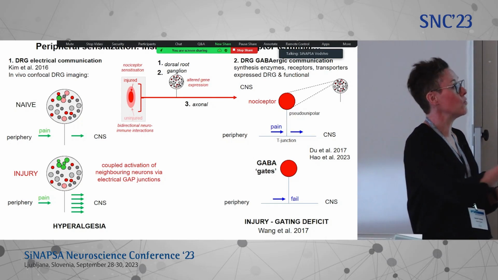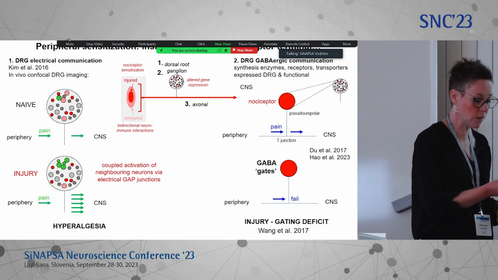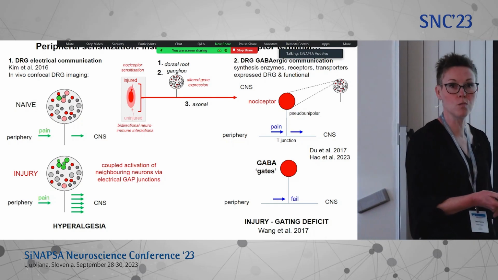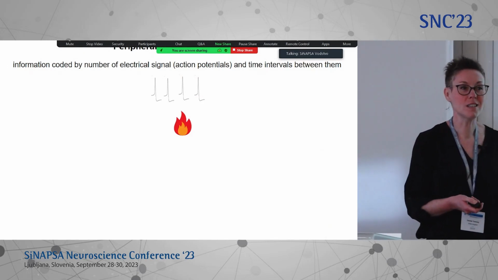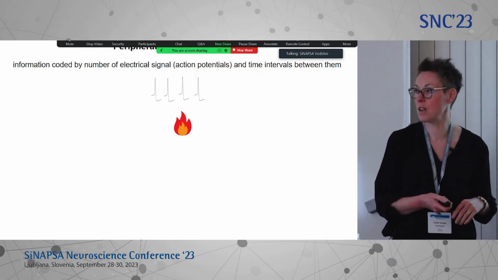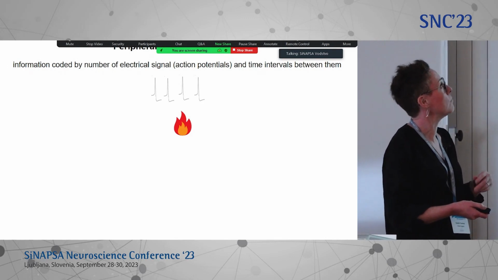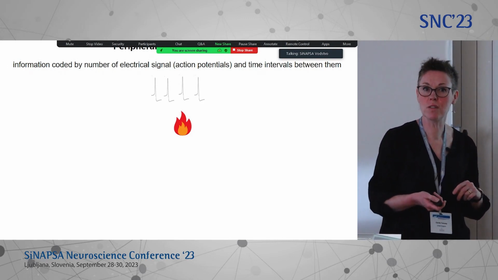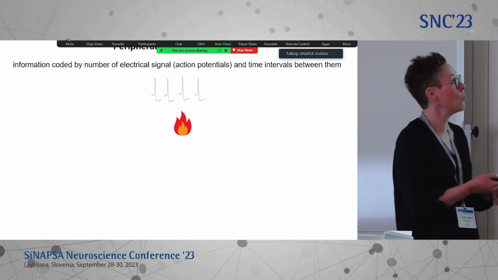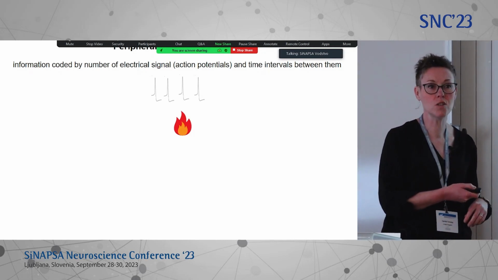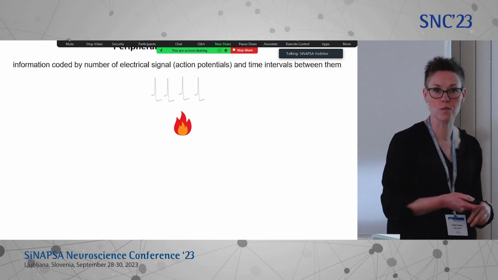So now I'd like to focus on axonal regulation and show you some work from my lab. So we're interested in the peripheral nerve relay of pain. And just to remind you that in the nervous system, information is coded both by the number of action potentials and the time intervals between them.